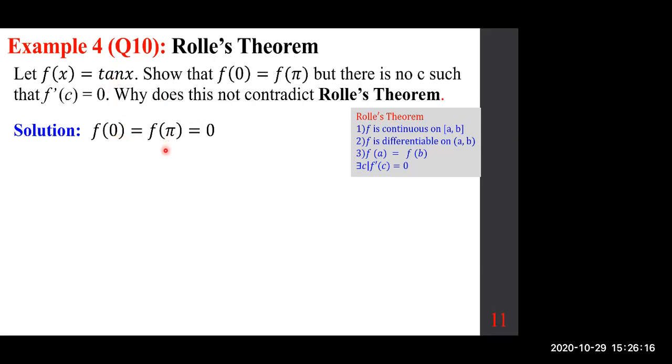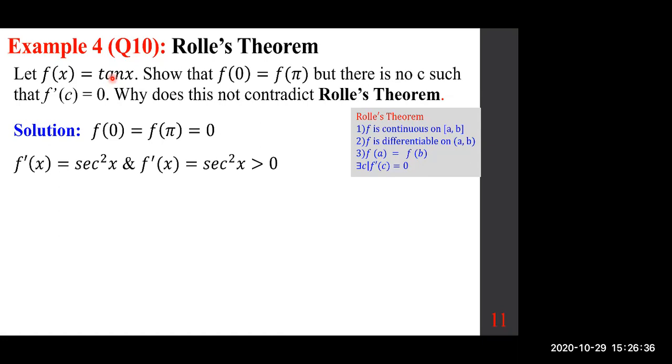Now, take the derivative. F prime is secant squared, and that is larger than 0. I hope you remember the graph of secant. Okay.